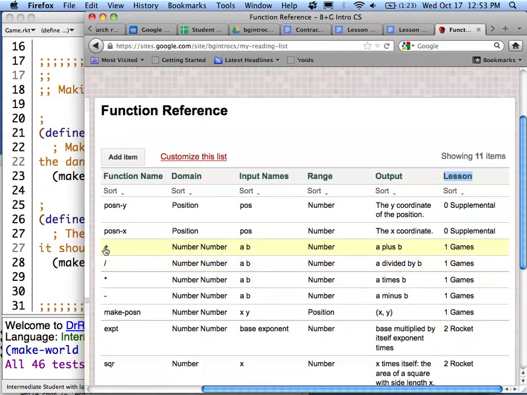So for example, plus is right here, takes a number and a number, gives you back a number. Okay, that's a plus b. And make position takes a number and a number, makes a position for you. The type of the output, also known as the range, is a position. And in math, we would write that open paren x comma y close paren. In Scheme, we write that as make position x, y.